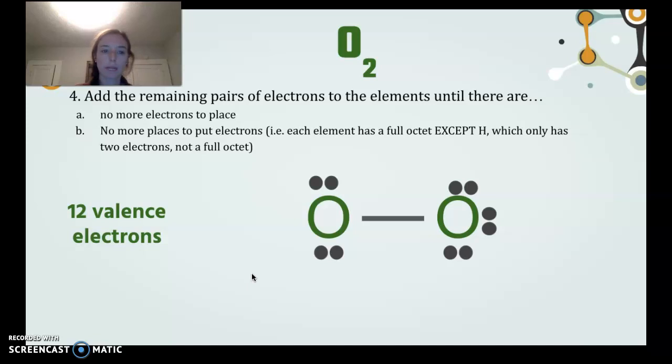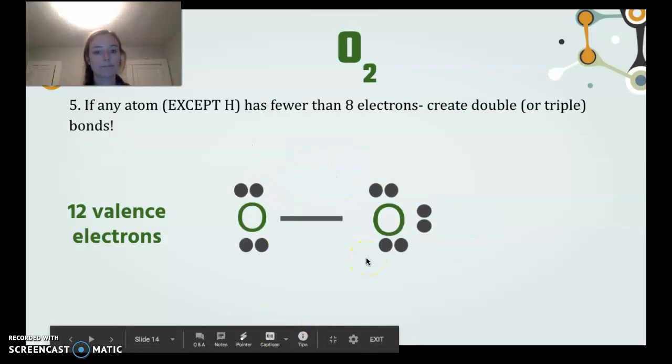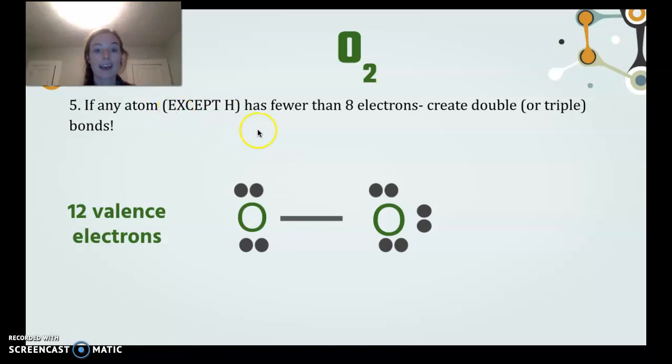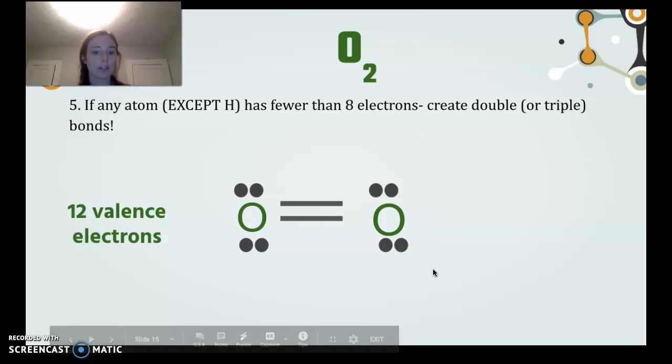Something doesn't look quite balanced here. And I'm realizing, okay, this oxygen only has 6 electrons around it. Something's not right. So since an atom has fewer than 8 electrons, I need to create a double bond. So I'm going to take a pair of valence electrons from my oxygen and move it over to create the double bond.